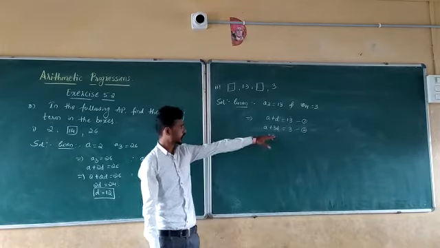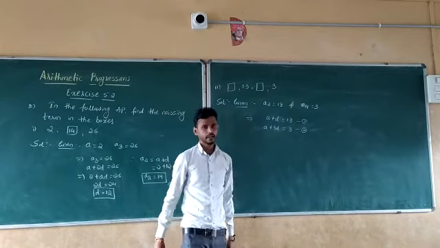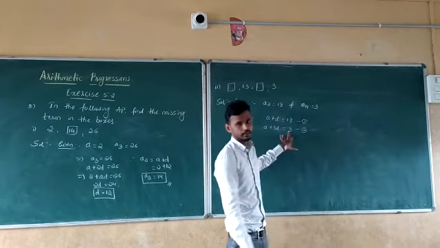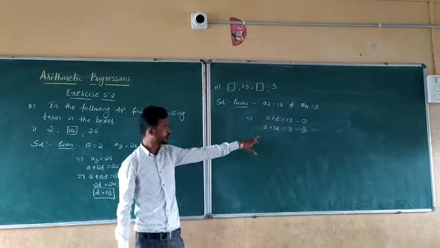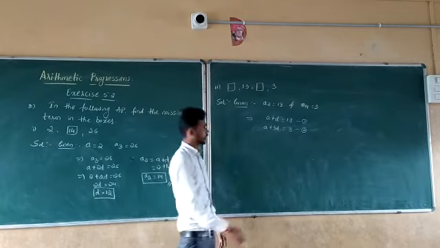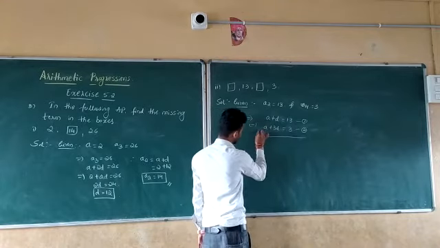Now these two are a pair of linear equations in two variables. You can solve these two either by substitution or by elimination. Here I directly use elimination. a will get cancelled here.